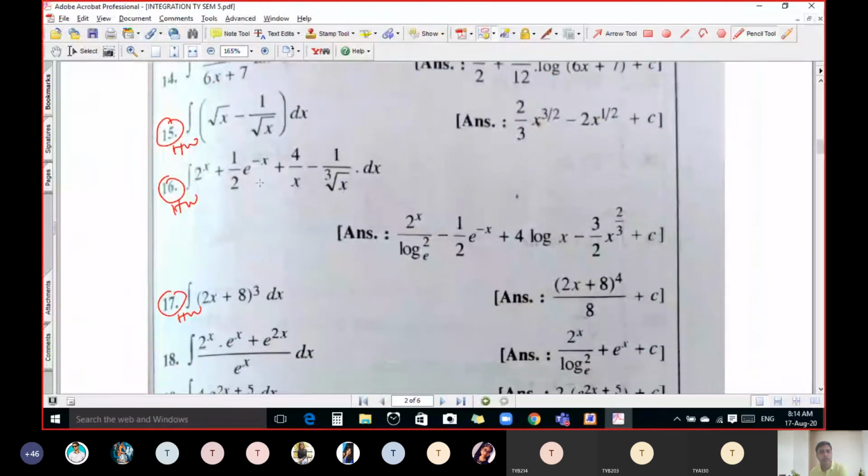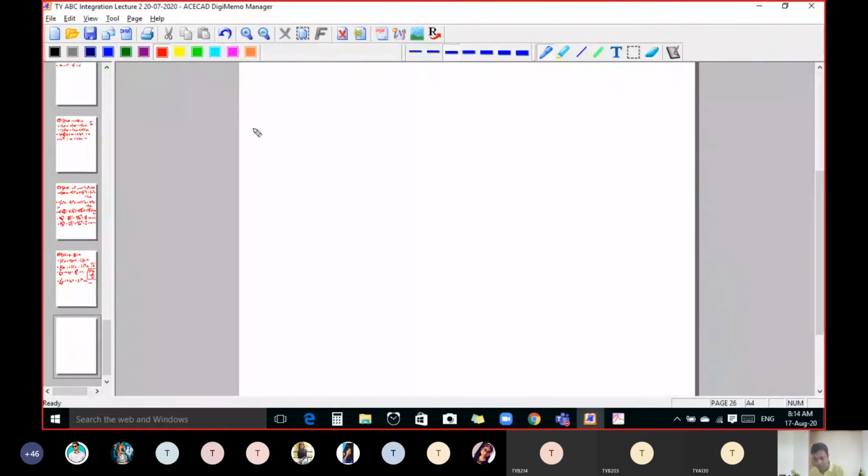Question number 15. Integration of root x minus 1 upon root x dx.